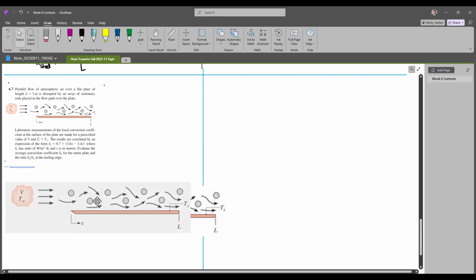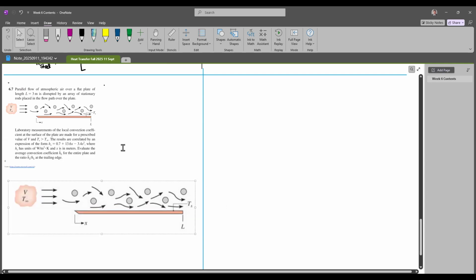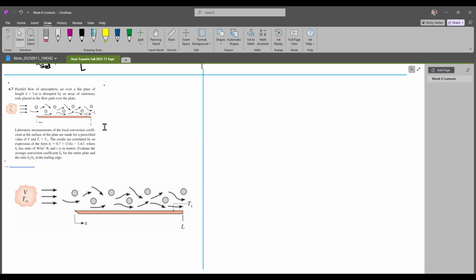So, parallel flow of atmospheric air over a flat plate of length 3 meters is disrupted by an array of stationary rods placed in the flow path over the plate.